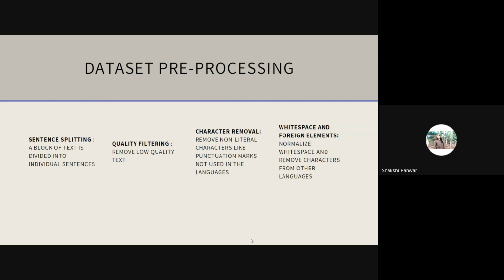Next is character removal, eliminating non-literal characters such as marks not used in language, which may interfere with model learning and prediction. Last is whitespace and foreign elements normalization, standardizing whitespace and removing characters from other languages, ensuring consistency and compatibility across different datasets.